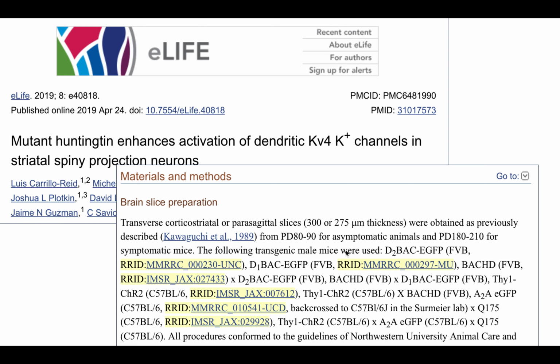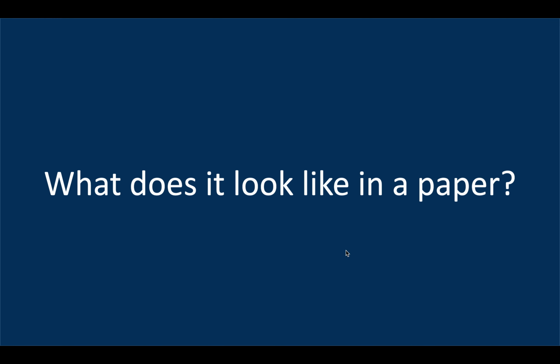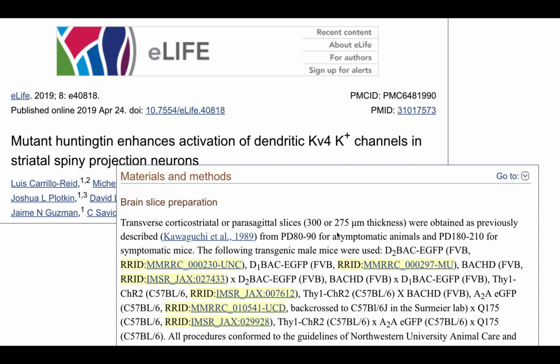Okay, all right, so what does this actually look like in a paper? If I were to run across a paper and it had RRIDs, how would it look? So here is a partial method section from this eLife paper. And again, what we have is a bunch of mice. These are all mice, and I know that because of the prefix of the identifier.